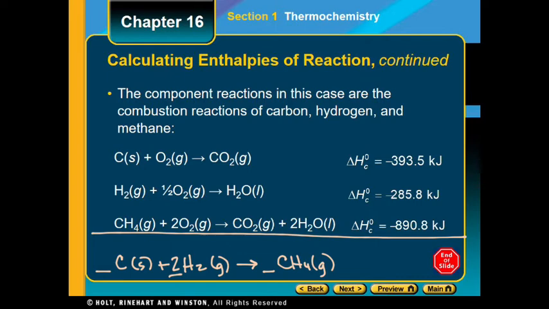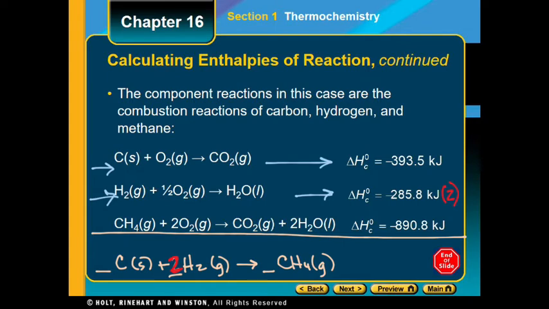Now if I take those delta H values, well, carbon is in this particular form, so we're going to leave that delta H value there as the negative 393. And then hydrogen also being a reactant, we'll leave its delta H value as negative 285.8, but because there are 2 of these, we have 2 of those hydrogens, it's the negative 285.8 multiplied by 2.